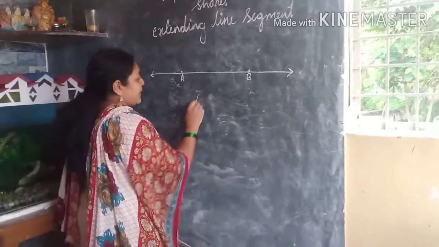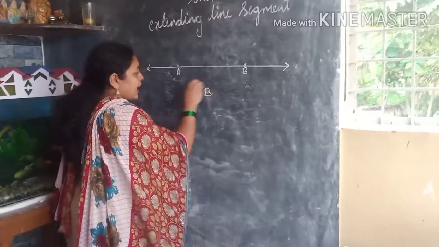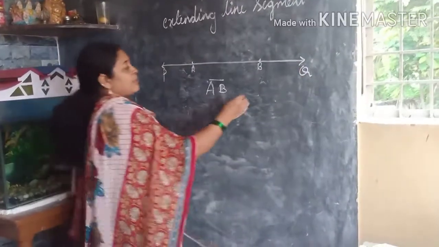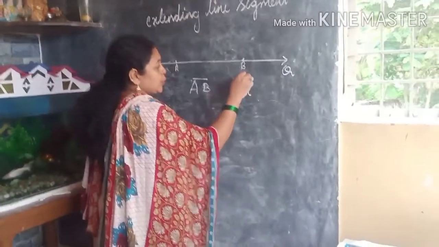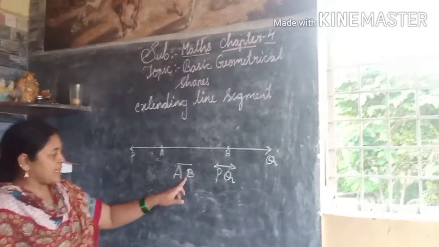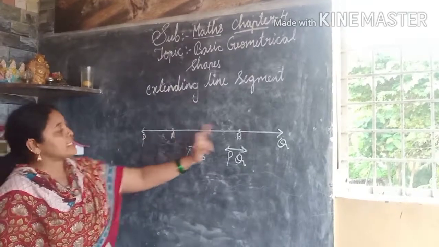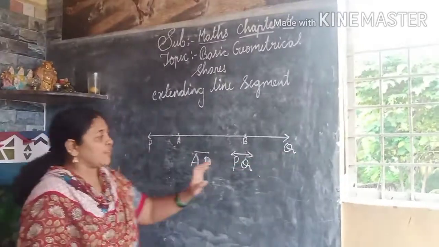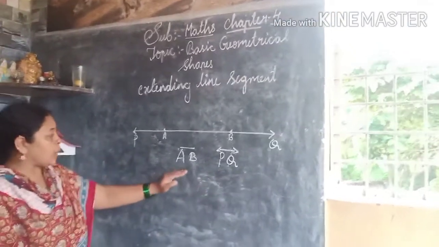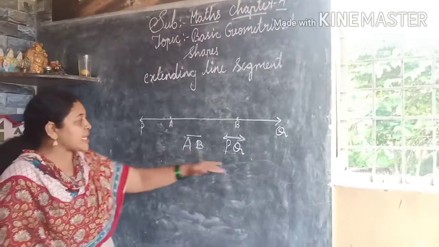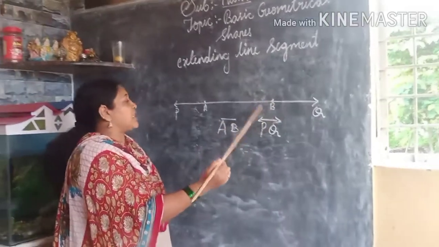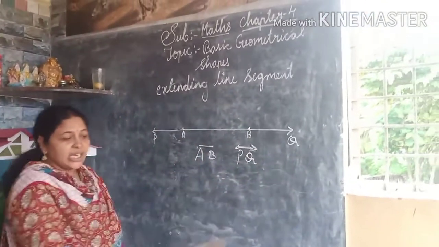So we have a line segment AB and we will name our line PQ. Our line segment is AB, and we have extended it on both edges to give us a complete line, that is PQ. Now we understand clearly the difference between a line segment and a line. The extension of a line segment is our line. Are we clear till here?